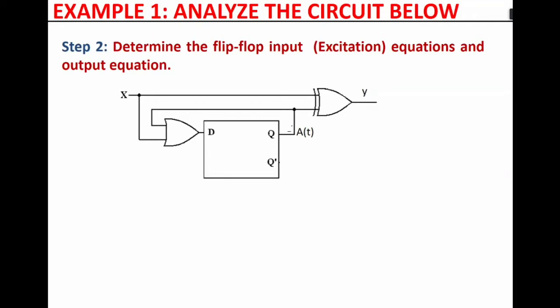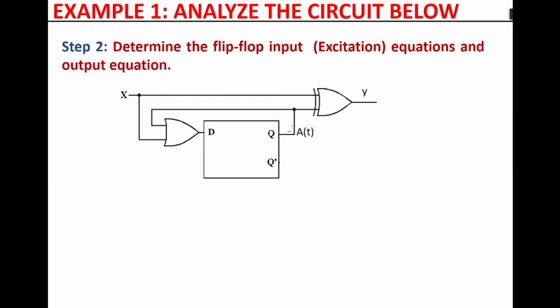So, self-discipline. Can you determine the output equation and the flip-flop input D equation as a function of the input and present state? You should have done that. It's very basic. Anybody who has a problem with doing that? Okay.